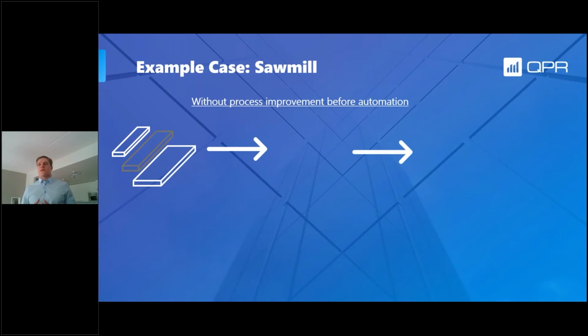You have heard that you need to automate operations, and you would just dive straight into automating. You would not think of processes or anything like that. You would not improve your processes before you automate things.